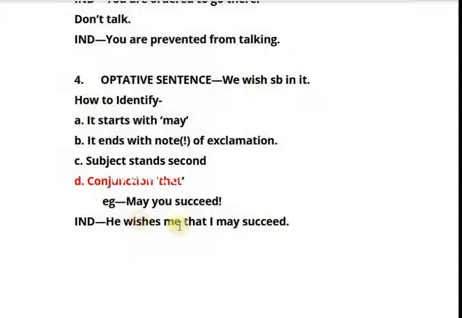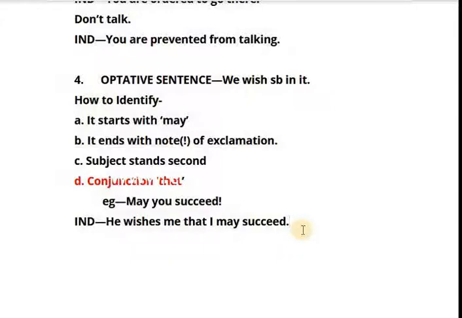He wishes me that I may succeed. That is the conjunction which has been taken to convert the above sentence into indirect speech. This is how you make an indirect speech from an optative sentence.